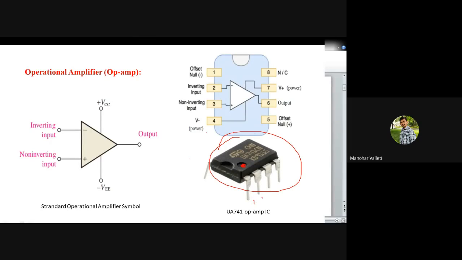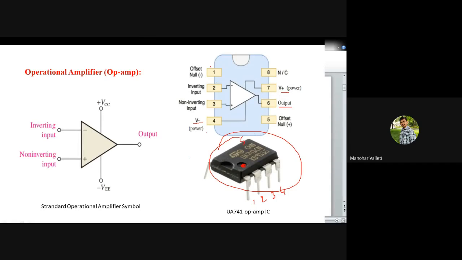So this is pin number 1, 2, 3 going anti-clockwise, 4, 5, 6 like that. Pin number 2 is the inverting input, pin number 3 is the non-inverting input. As dual power supplies are there, the negative supply is pin number 4, the positive DC power supply is at pin number 7, and the output is at pin number 6.